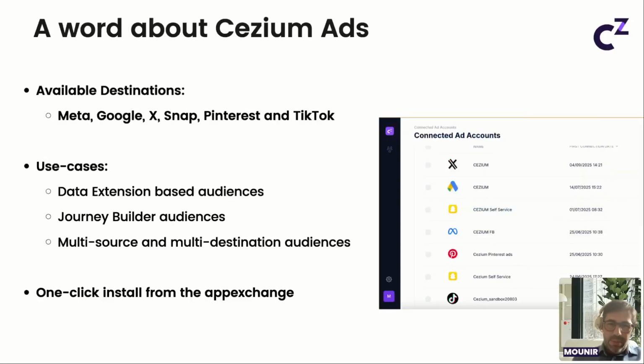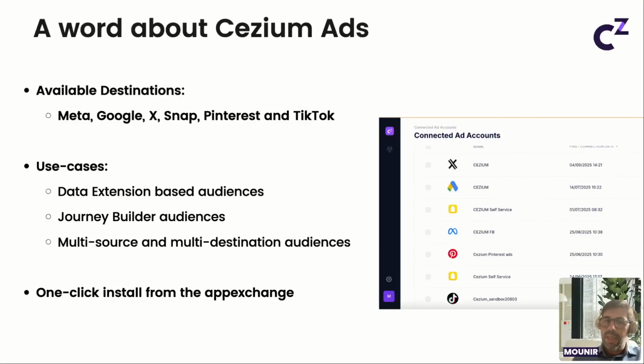Just a couple of words about Cezium Ads. I promised in the beginning I wouldn't be long about this, so just saying what it does. It's a bit like Salesforce Advertising Studio in terms of available destinations. We have Meta, Google, X, Snap, Pinterest, and TikTok.